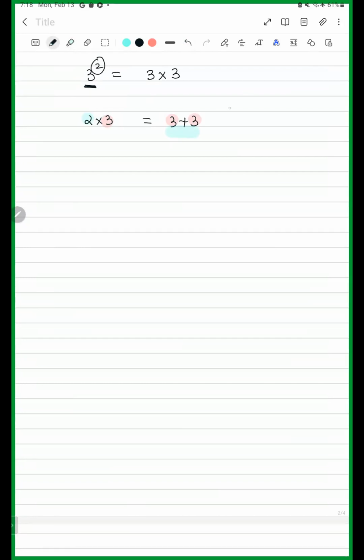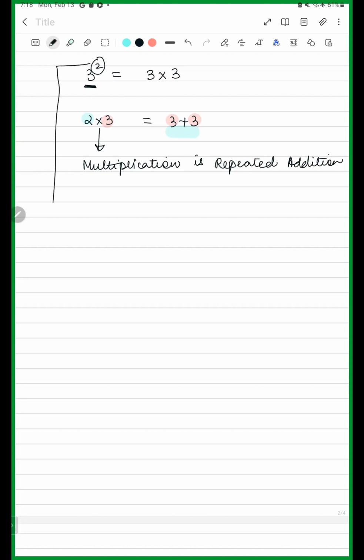So just like multiplication is repeated addition, similarly, what is repeated multiplication? We keep multiplying. Yes, Hiba. Exponents are repeated multiplication.